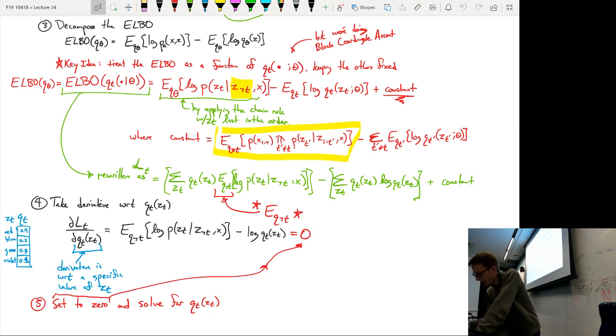We get back that QTZT should be proportional to exp of an expectation under Q except for T of the log of the probability of ZT given all of the other variables Z not T and X.